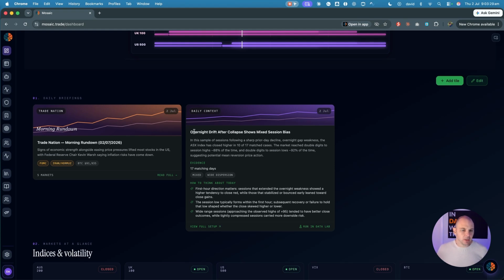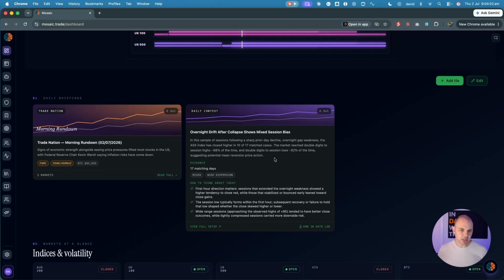So this morning it's looking at the Aussie 200, which had a bit of a collapse yesterday, then drifted lower overnight, so it's got a summary as to how that's played out at a high level historically. So you can see that we've had a bit of mean reversion here in terms of very high occurrences of 10-point moves to highs or more and 10-point moves to lows or more.